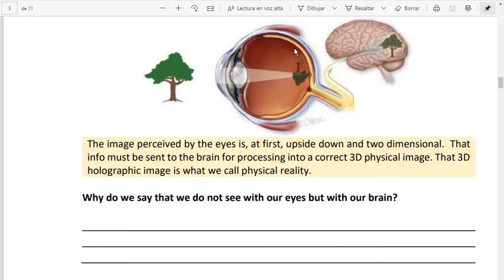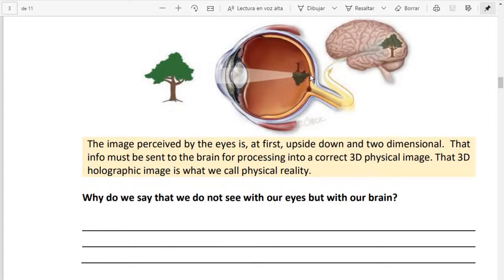And here on this retina, we don't see anything, but this image is here upside down. And then here in our retina, our specialized cells, rods and cones, are able to turn this light energy into electric impulses.